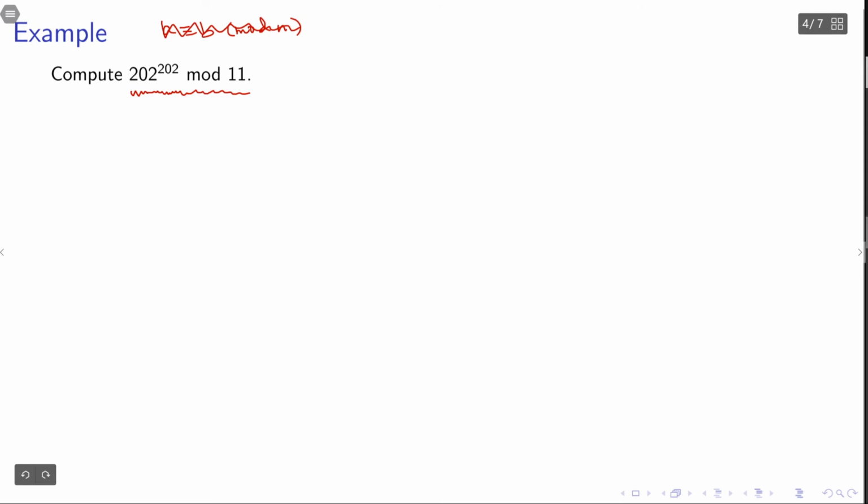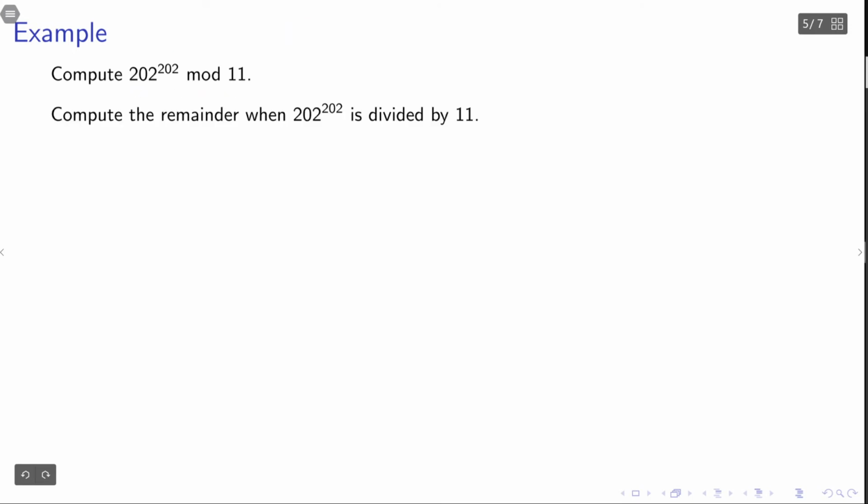It tells us to compute the remainder when 202 raised to 202 is divided by 11. So in general, if I say, what is a mod b without the parenthesis, this means what is the remainder when a is divided by b.